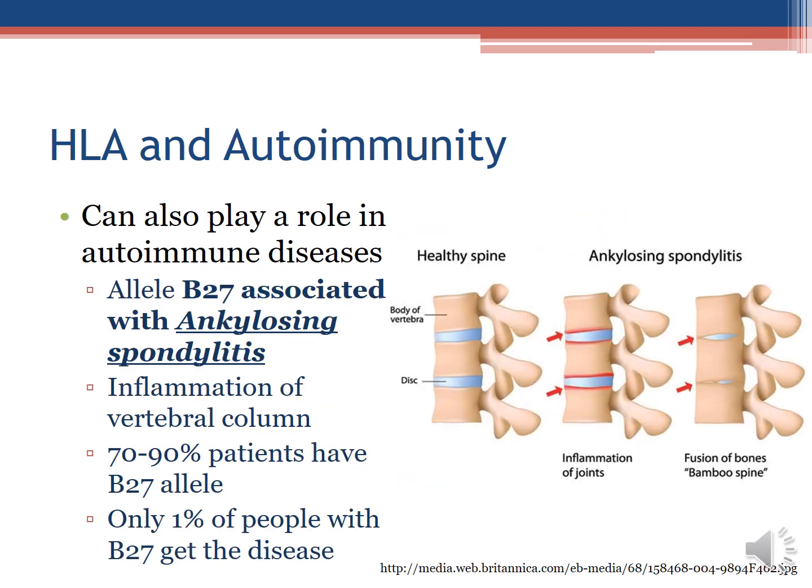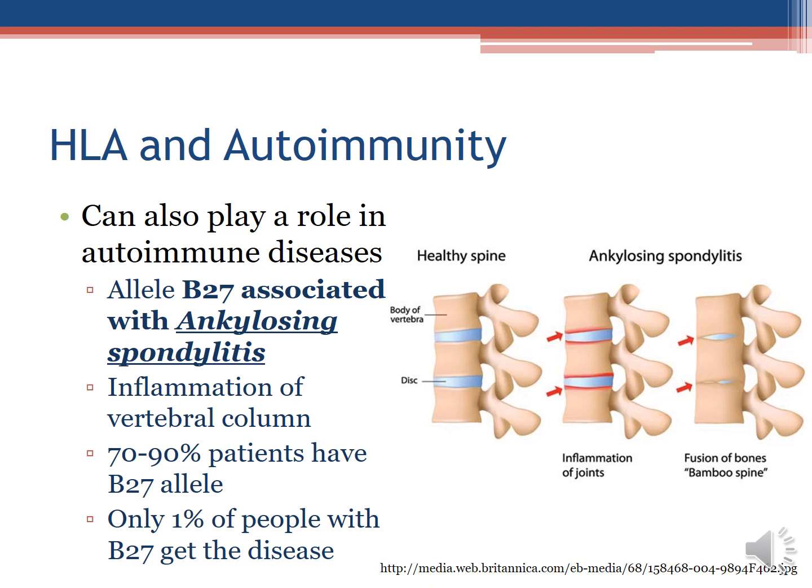And HLAs also play a big role in autoimmune diseases as well. One of the biggest autoimmunities that we usually talk about in immunology is ankylosing spondylitis, and the allele B27 is associated with it.